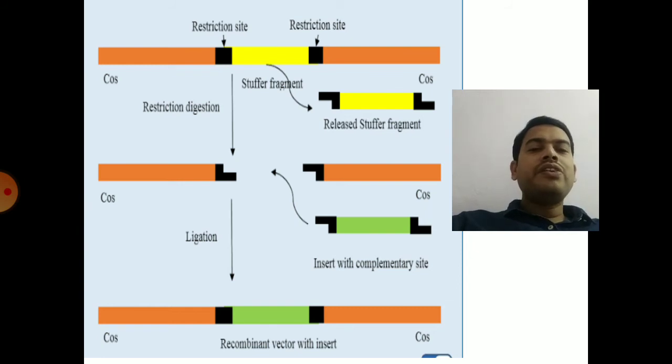After insertion, it will be introduced into the bacterial cells. Due to cohesive sites at the ends, the linear DNA which contains the recombinant DNA or foreign DNA will automatically recircularize and multiple copies of your foreign DNA can be obtained. So that is lambda phage vector with the help of lambda phage DNA.